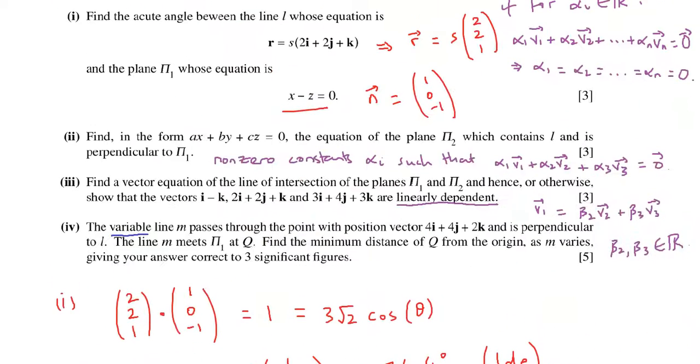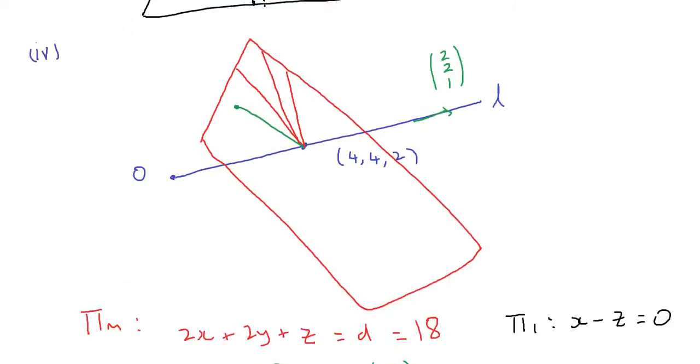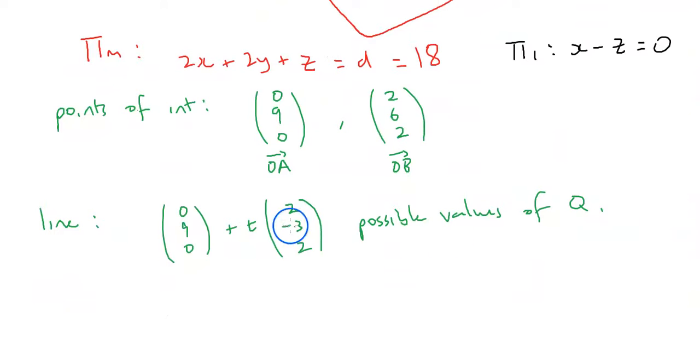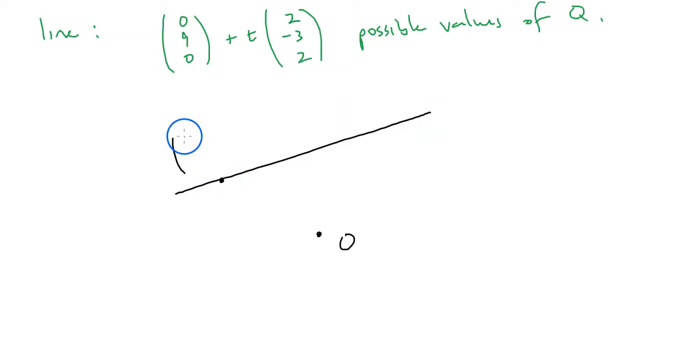And then the question was just asking us to find the minimum distance of Q from the origin as M varies. So in other words, find the smallest distance of all these points from the origin. So let's go ahead and sketch that. So we got our origin O, and then we got our line, and here's the point 0, 9, 0.